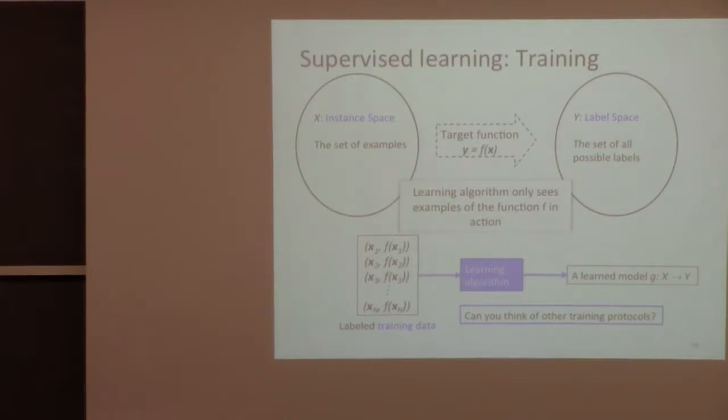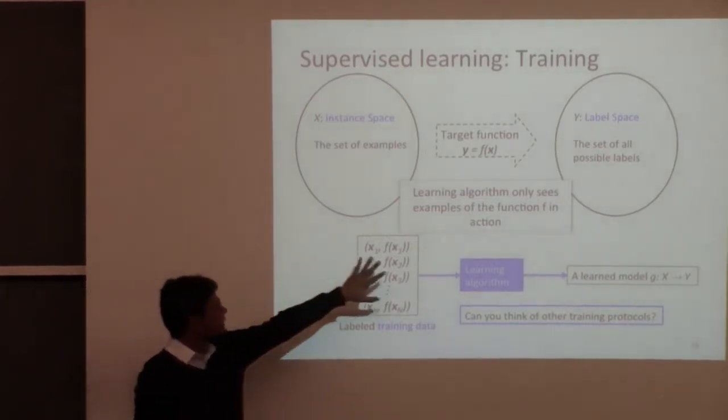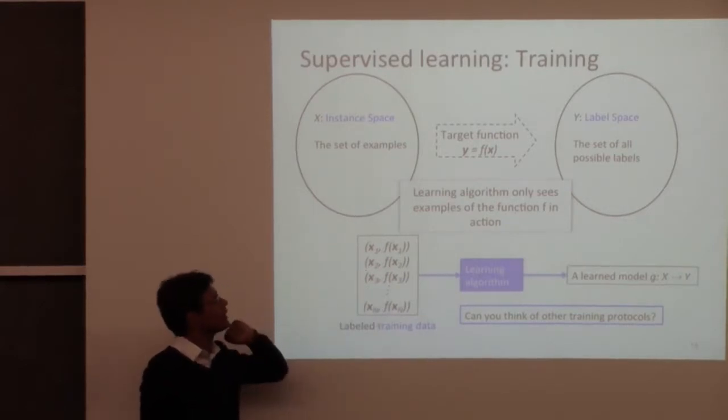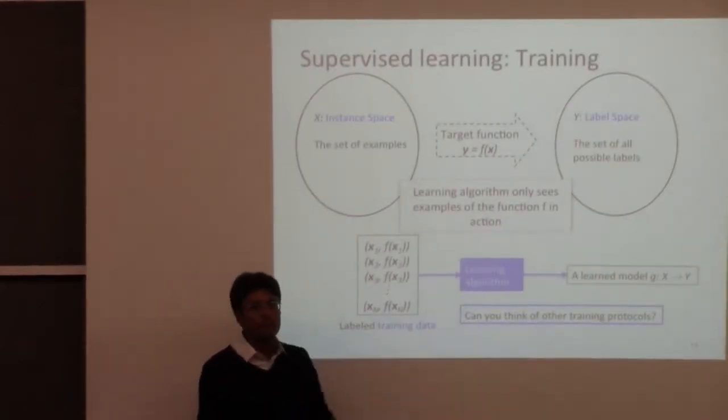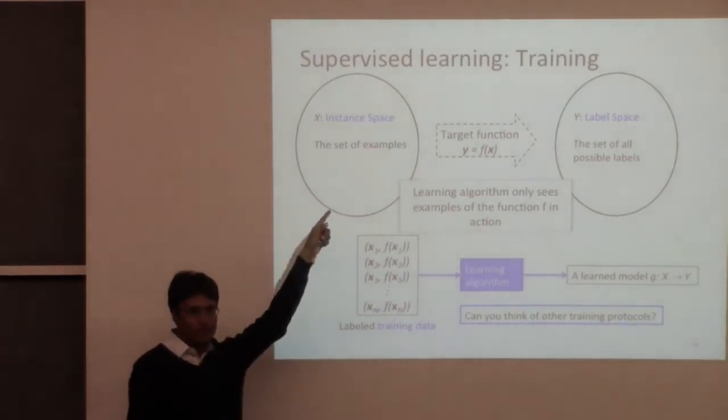Actually, I spoke about other training protocols in the previous lecture, at least the very popular ones. Yes, like active learning. Active learning is one, and that's something that you hinted at, where there is a feedback loop. Active learning, just to remind people, is a setting where this set doesn't exist. Instead, the learning algorithm directly gets access to f.